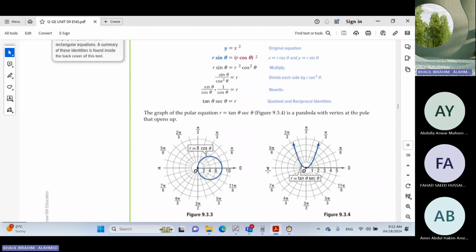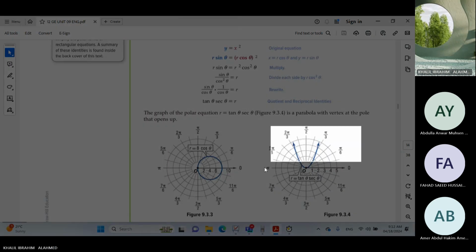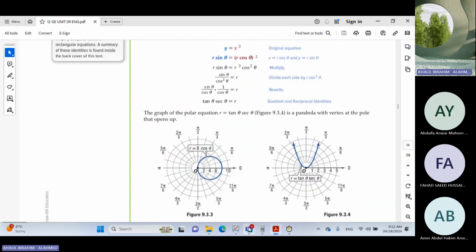What happened here? This is the figure here, a parabola, as you see here. Okay, tan theta, sec theta.